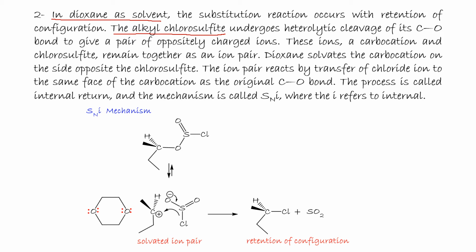These ions, a carbocation and chlorosulfite anion, remain together as an ion pair. Dioxane solvates the carbocation on the side opposite the chlorosulfite. The ion pair reacts by transfer of chloride ion to the same face of the carbocation.